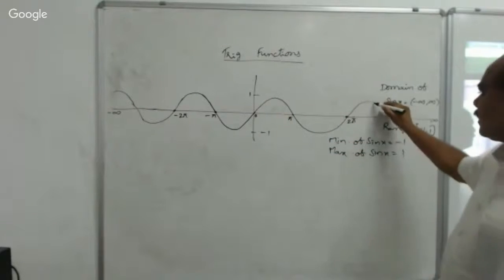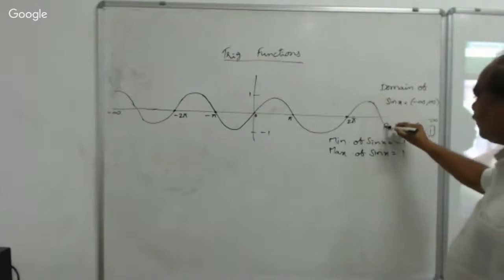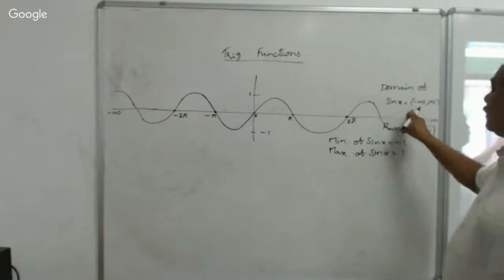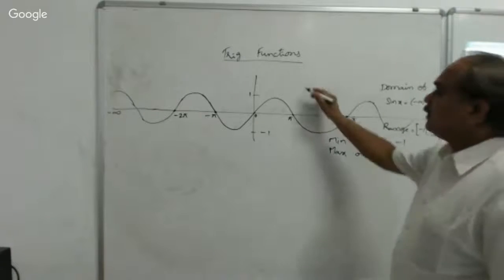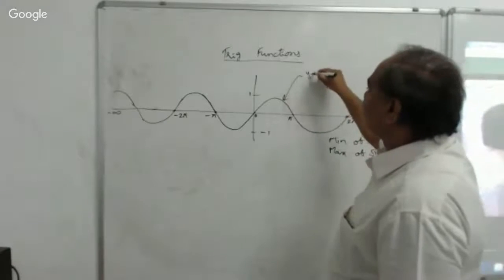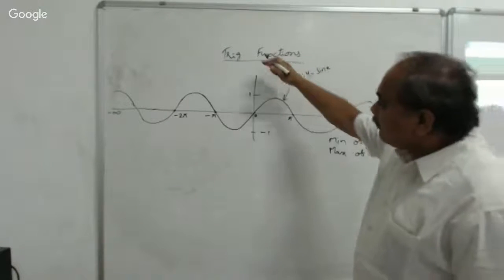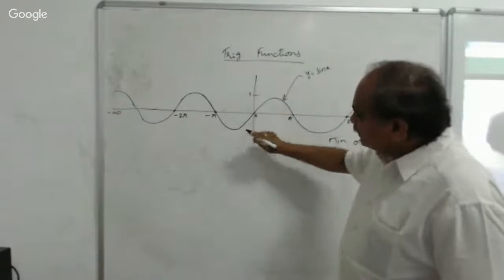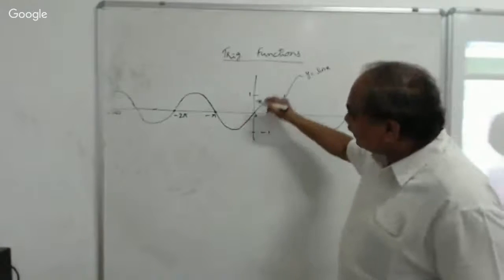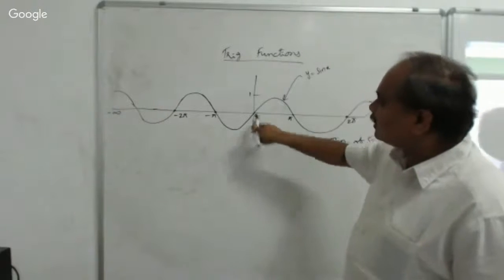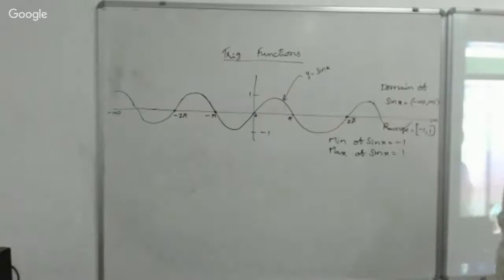Here the graph exists from minus infinity to plus infinity. That is the domain of the given function y equal to sin x. And range means on the y-axis it is oscillating between these 2 points. Therefore, its minimum value is minus 1, maximum value is plus 1. Okay?